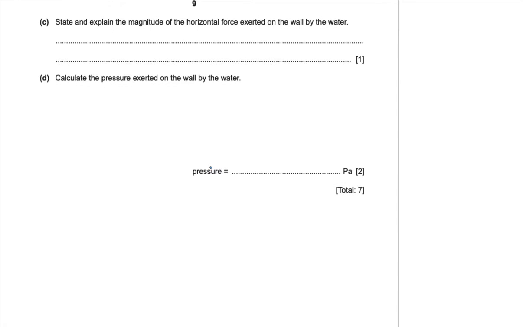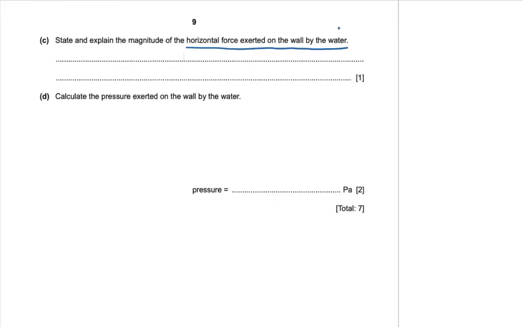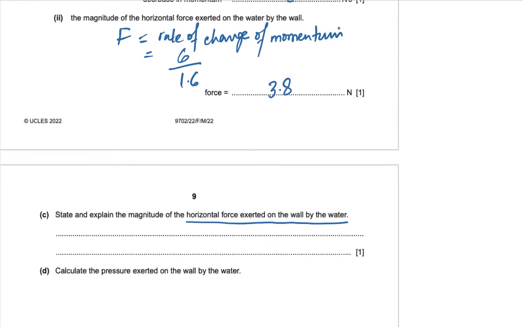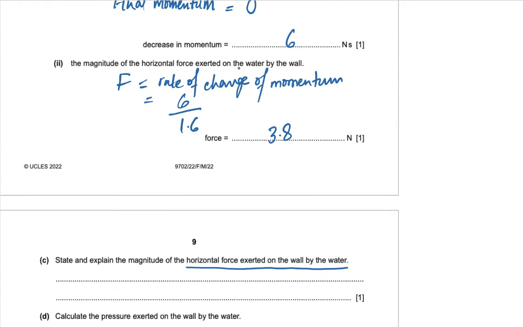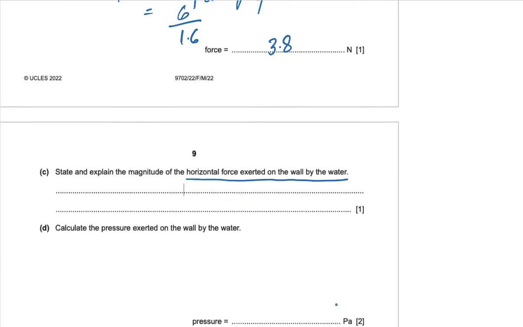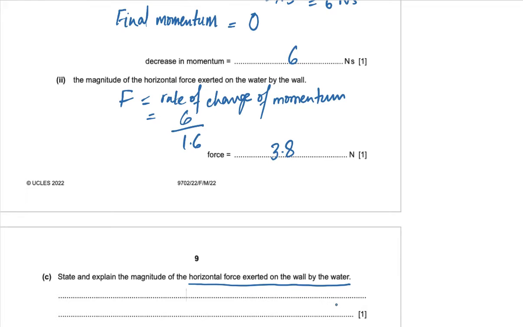Part C, state and explain the magnitude of the horizontal force exerted on the wall by the water. So this is the horizontal force that is exerted on the wall by the water. Now the force that is exerted on the wall is actually equal to the force that we calculated over here, that is the force exerted on the water by the wall. That was exerted on the wall by the water. This is according to Newton's third law, because in the previous part we calculated that 3.8 newtons of force was exerted on the water by the wall.